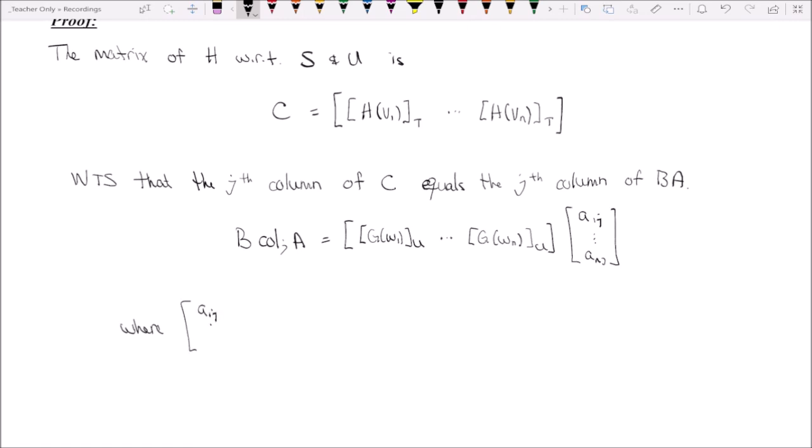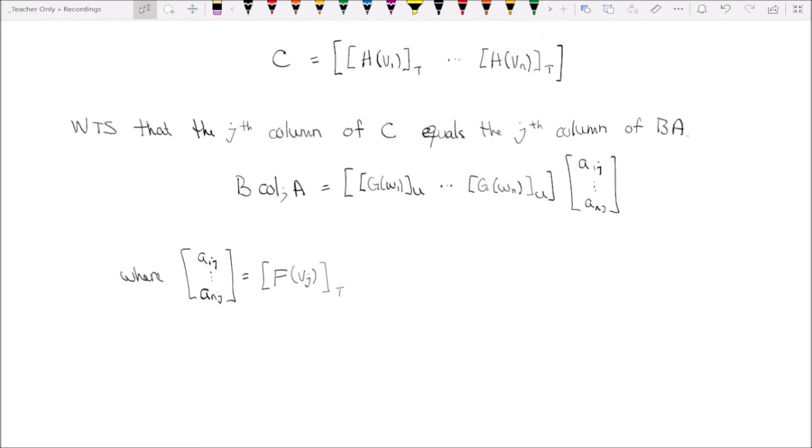This entire column is equal to the coordinate vector with respect to T of the transformation of v sub j under f. Right?